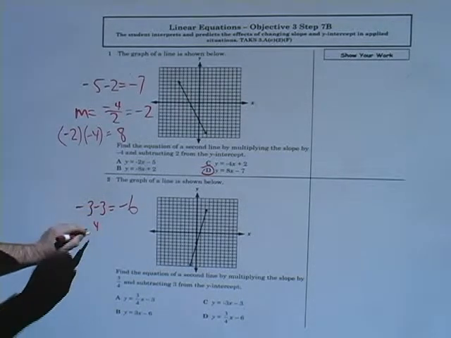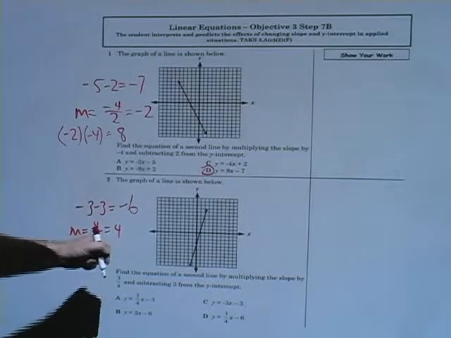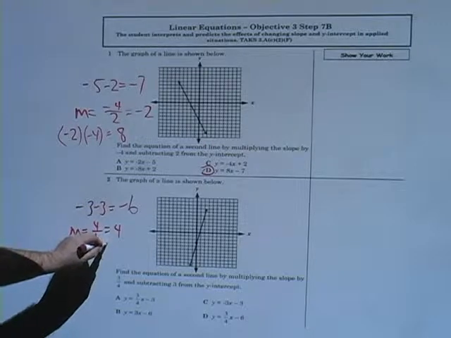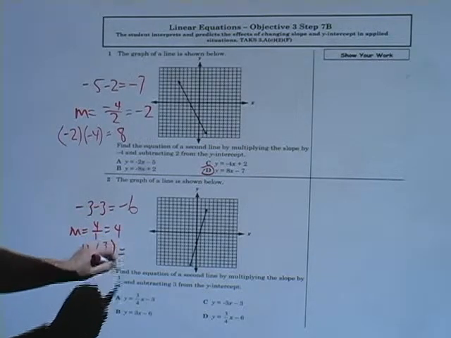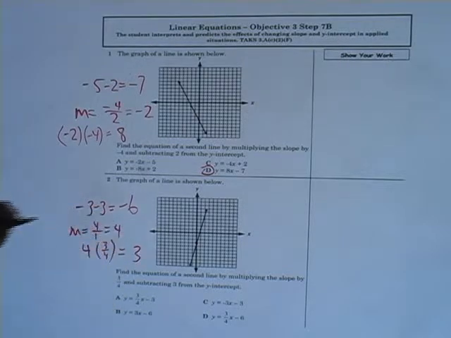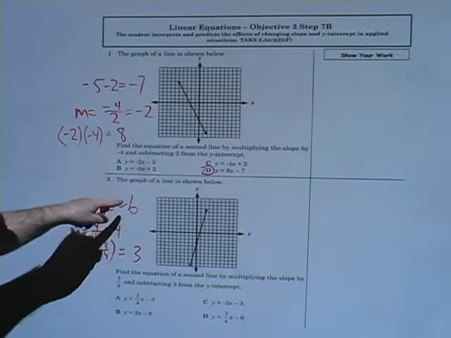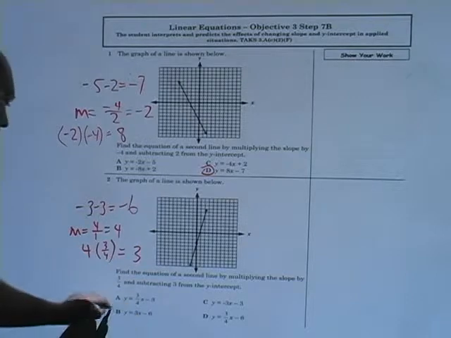Up 4 over 1 for a slope of 4. But I'm going to multiply that slope by 3/4, and my new slope will be positive 3. So slope of 3, y-intercept of -6, right here.